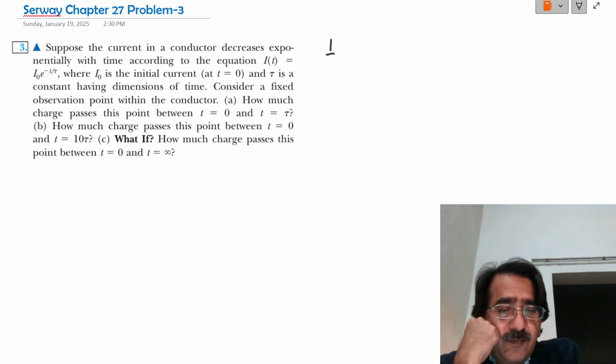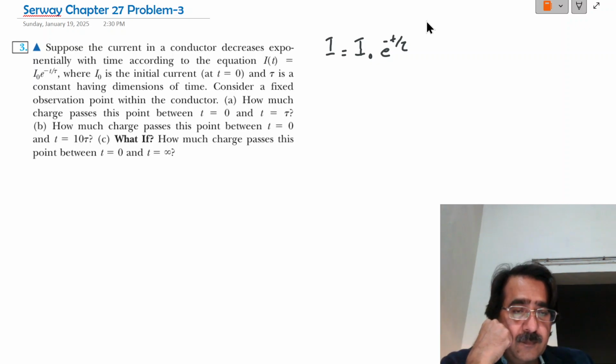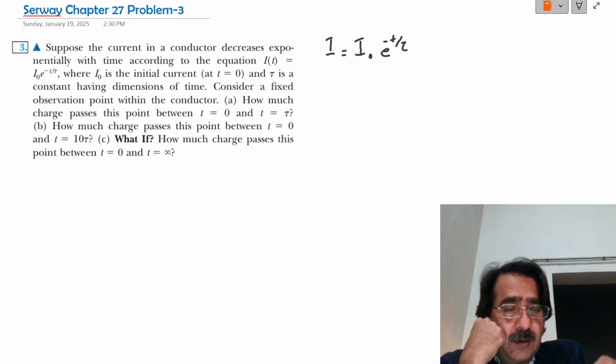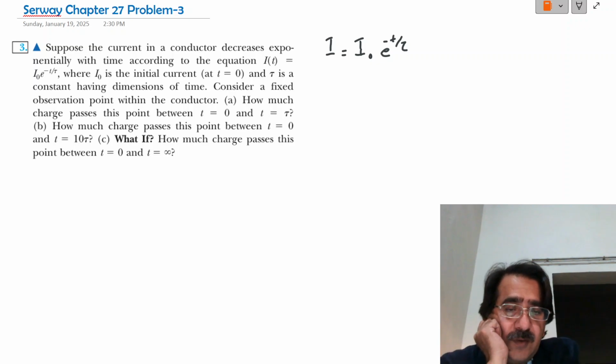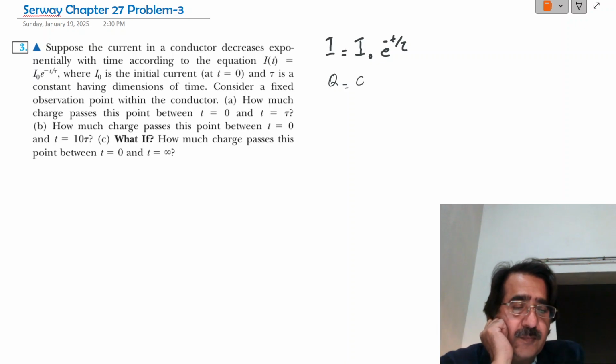In our problem, the expression of current is given, that is I naught exponential of minus t over tau. But we have to find the expression for charge.